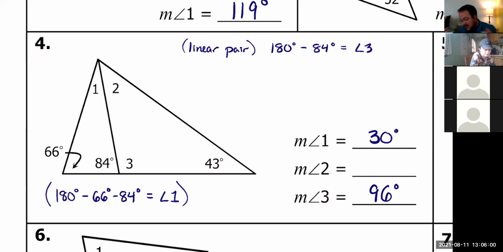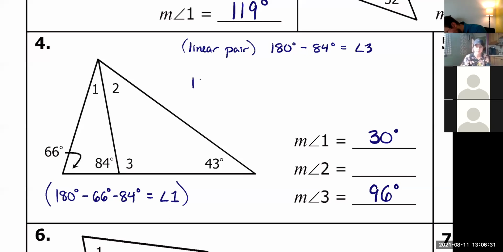And then lastly, I have a couple options. I could either try to work with this big triangle, which gets a little bit fuzzy because the big triangle has an angle up here that's been split into two smaller ones. Or I could go with this medium-sized triangle here towards the right because I have the 43-degree angle. I now know angle 3, which means angle 2 is just what's left from the 180.